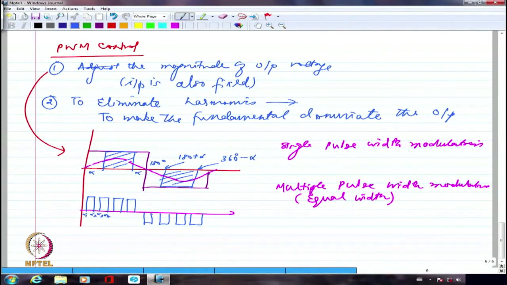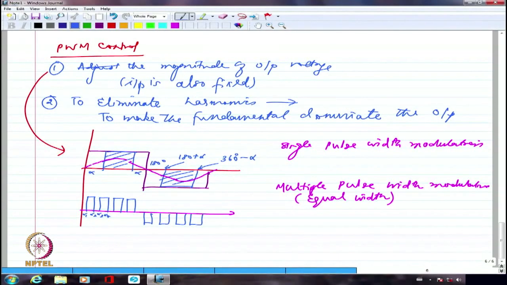On the other side it will be 180 plus alpha 1, 180 plus alpha 2, and so on. So I can make them essentially symmetrical. That is possible. So this will give me probably multiple variables to be adjusted so that I arrive at a particular magnitude. That's it. Nothing more than that. So this is also not good for eliminating the harmonics.